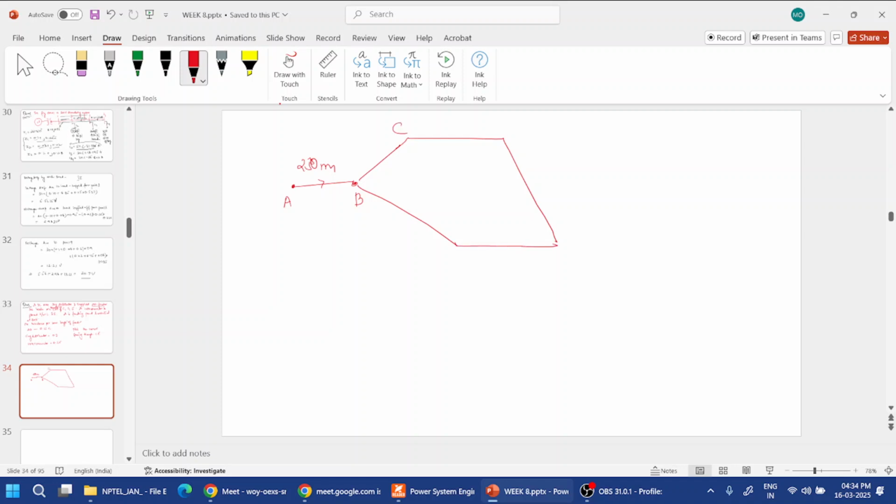This is C, this is D, this is E, and this is F. The lengths are 100 meter, 200 meter, 200, 150, and there is an interconnector between C and E, which is 250 meter.